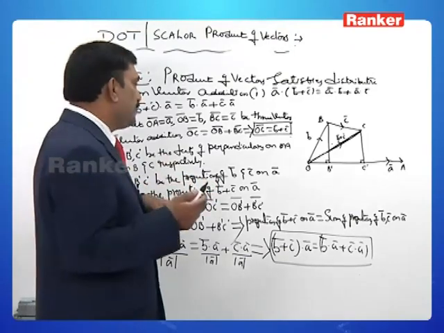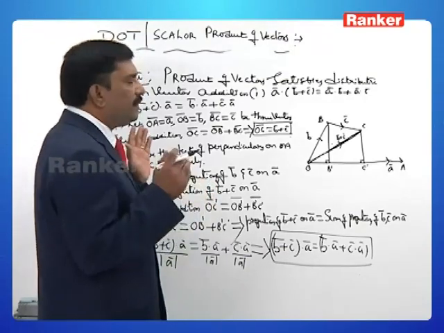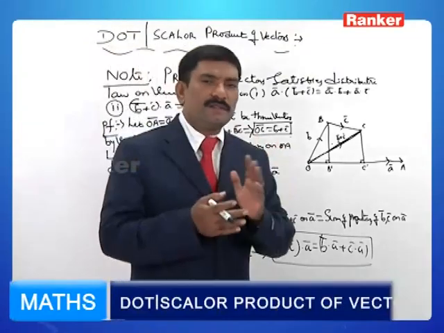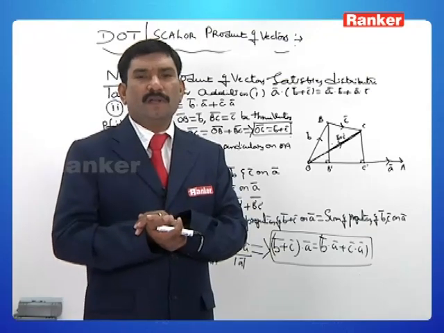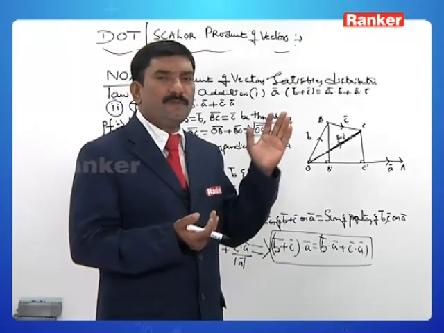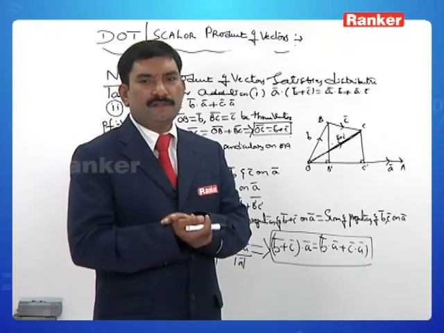Followed? That's right. So, therefore, now the product of vectors satisfies the distributive law. You can go similarly and prove the first result also.